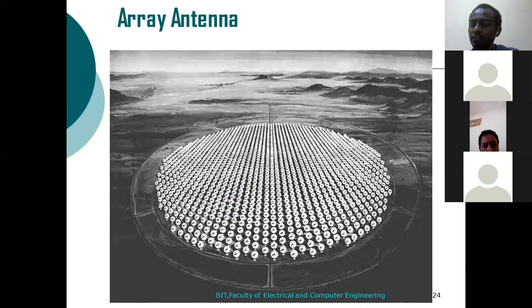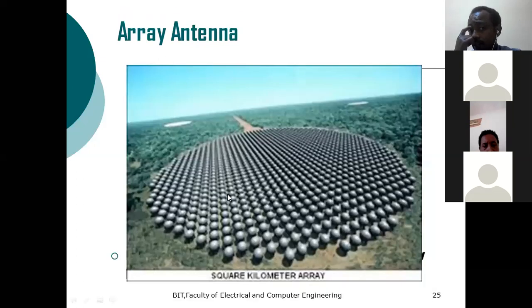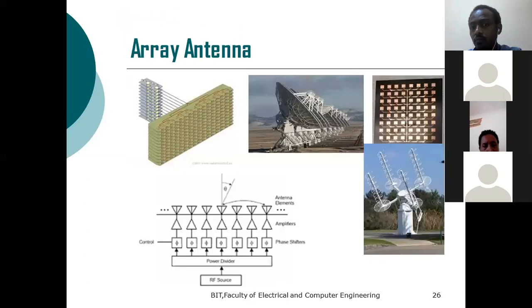Look, this is array antenna. Array antenna of parabolic elements. And this is array antenna of lens antenna. This is array antenna, which is made of microstrip antenna.